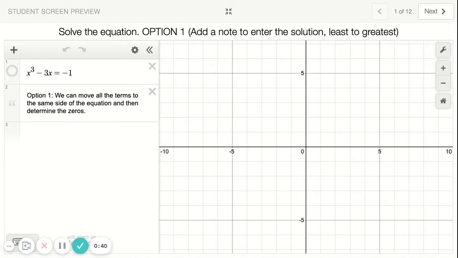The first step is to make your equation equal 0. I shouldn't say solve for 0. Set your equation equal to 0 is what it says.